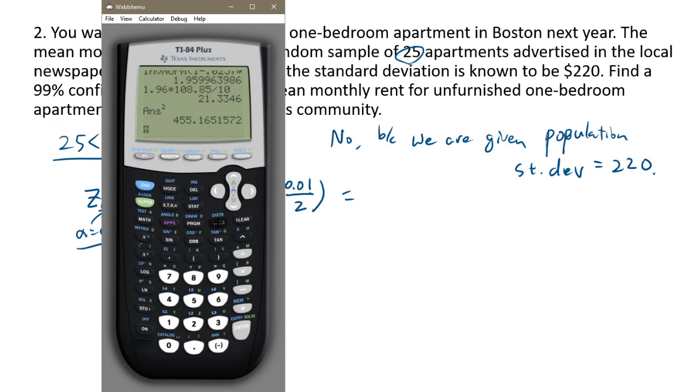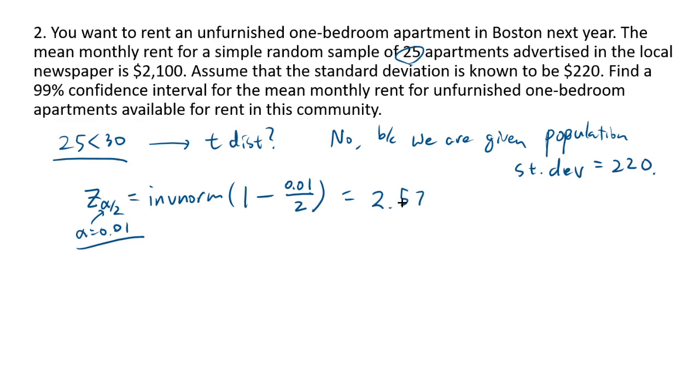Second vars, and we have inverse norm of, instead of 1 minus 0.025, we'll do, well, let's clear this and say 1 minus 0.01 divided by 2. Okay, so we use this, and that gives us 2.576. Okay, so 2.576.